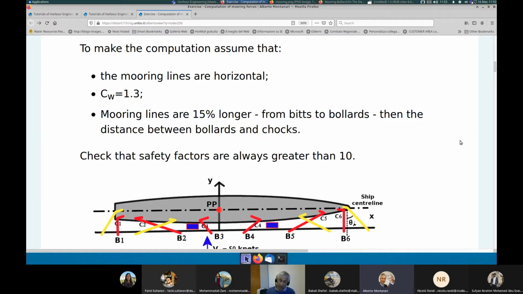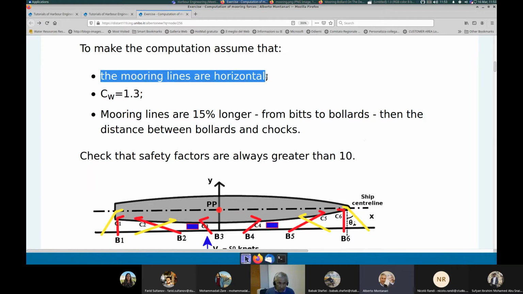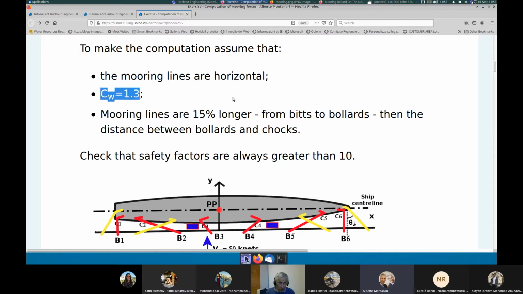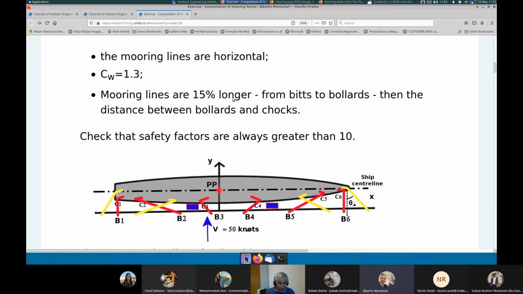And let's ignore it because, of course, if they are not horizontal, the computation should also take into account the inclination of the mooring lines. In this case, the mooring lines are horizontal. The coefficient CW, which is used to compute the wind forcing, is 1.3.